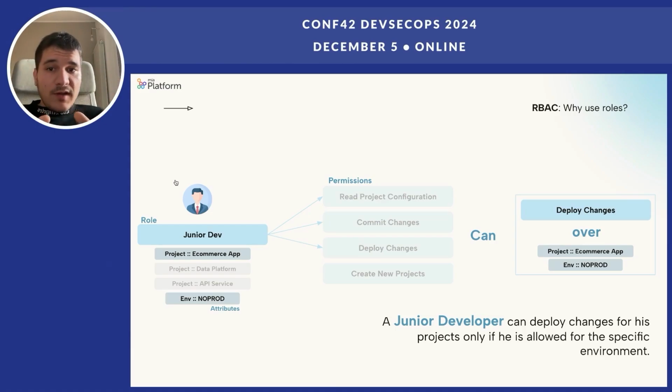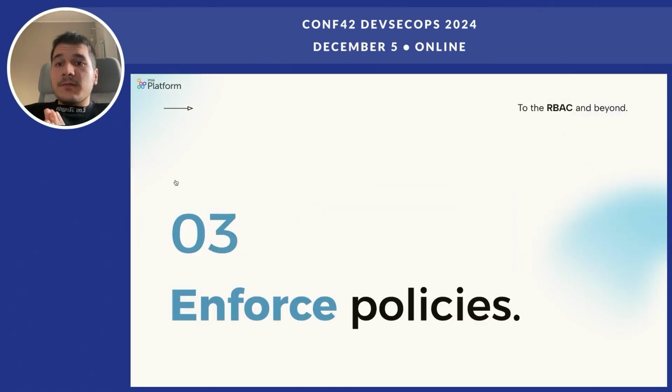Even if the junior developer doesn't have the deploy permission in their role, by assigning them the development environment attribute, we can make an exception that allows them to deploy only to the development environment for the projects they are assigned to. This provides a more flexible and granular way to manage access to specific assets like the environments of the projects. Now that we know the strategies available to us, all that's left is to figure out how to implement them.